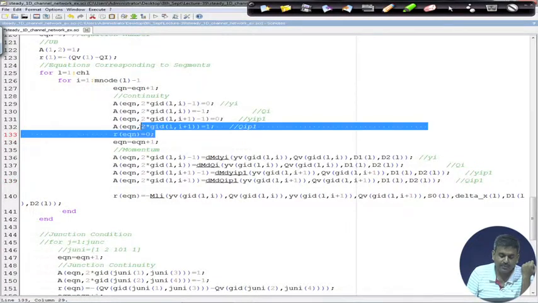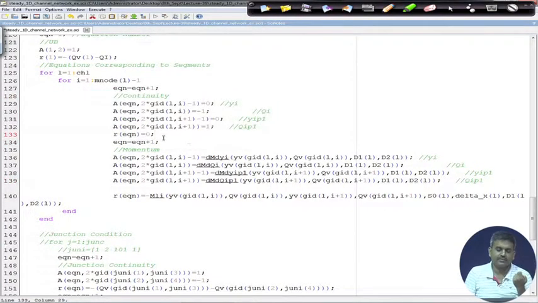After completing this continuity, again we need to add to eqn. For eqn, we will be adding one momentum equation. For the momentum equation, we have to utilize this GID Li and GID Li plus 1, these two sections for a particular segment.